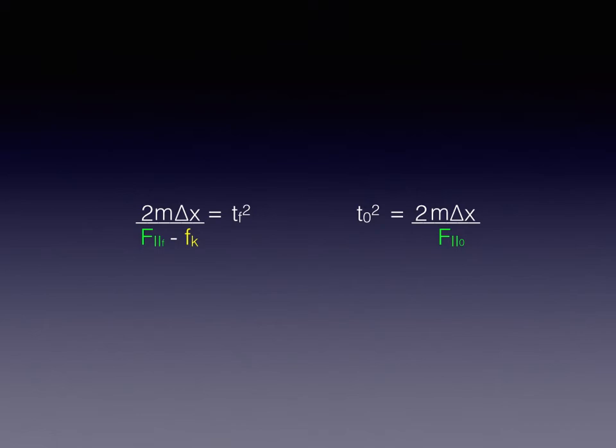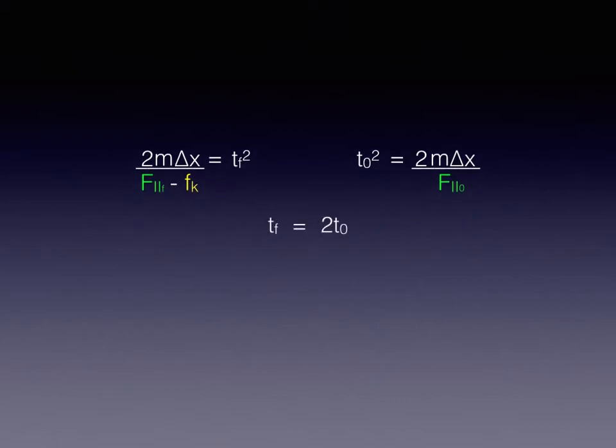Now think back. What's the difference in the times? Well, the time with the side with friction is twice as long as the side without friction, right? Now look up above. We've got time with friction squared and time without friction squared. So what we'll need to do is we'll say, okay, well, let's make a statement about these times squared. So time with friction squared is going to equal 2 times the time without friction, parentheses, squared. See what happened?